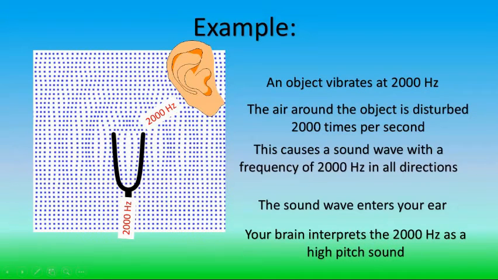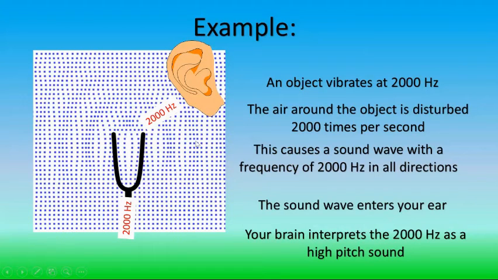Now I take a different tuning fork, and sorry about that. Different tuning fork, and you hit it, and it vibrates, say 2,000 times per second. Well, it hits the air, and the air molecules are disturbed at 2,000 hertz, 2,000 times per second, and they bump into other molecules, and so forth. And soon you have a sound wave that's going off into all directions.